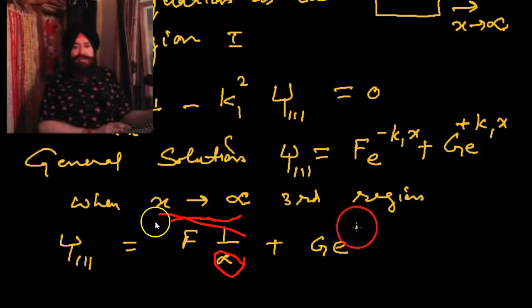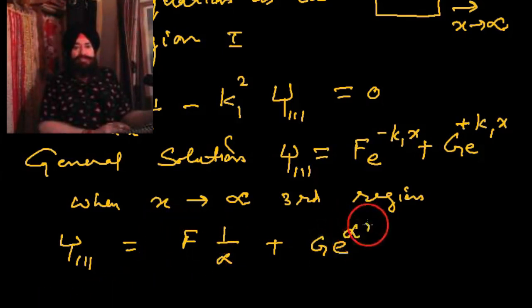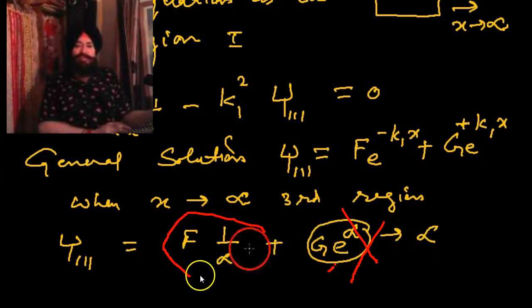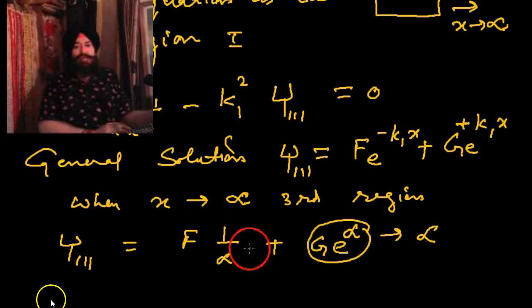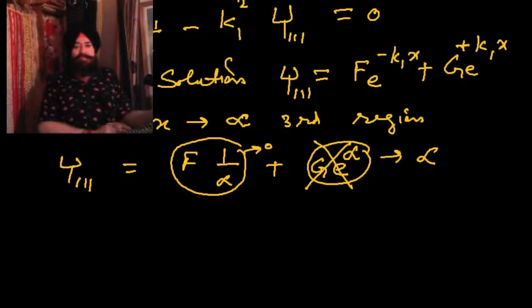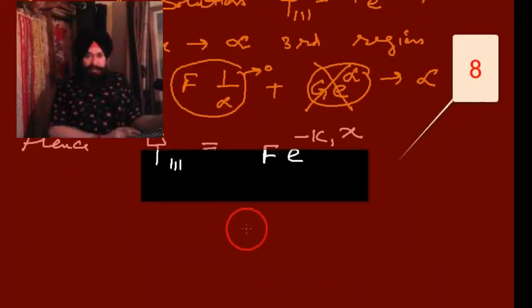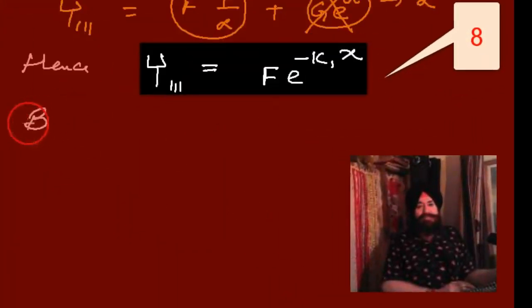So this factor goes to 0, and this factor goes to infinity. A well-defined function is that which tends to 0 when x tends to infinity. So F is okay. So psi 3 becomes F e raised to power minus k1x.